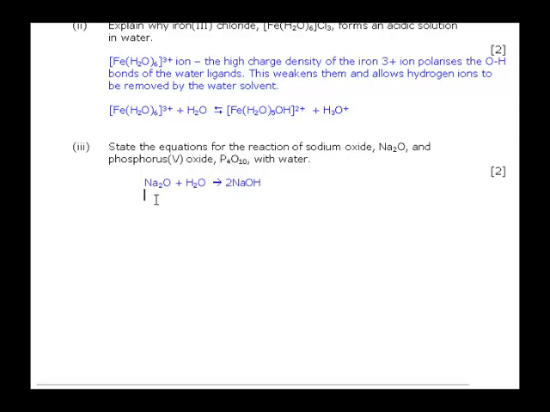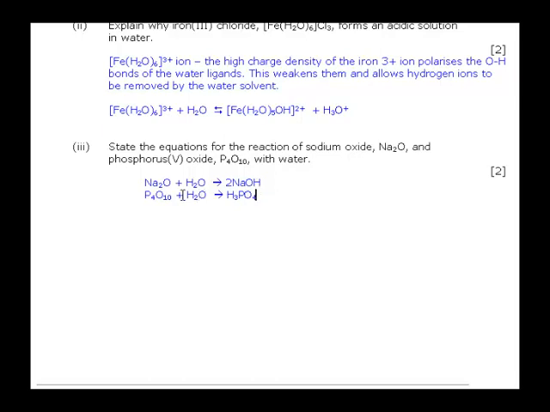P4O10, we're adding this to water as well. And in this case we're making an acid, H3PO4, phosphoric 5 acid. It needs balancing.